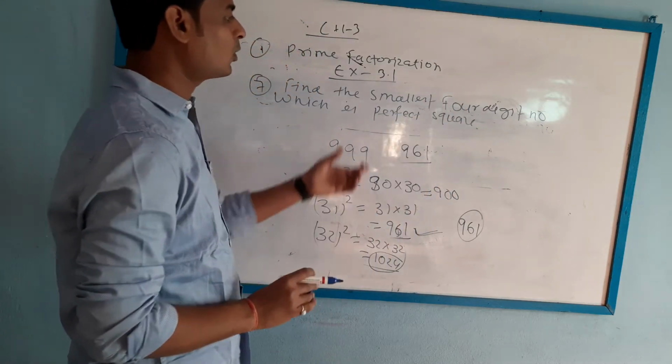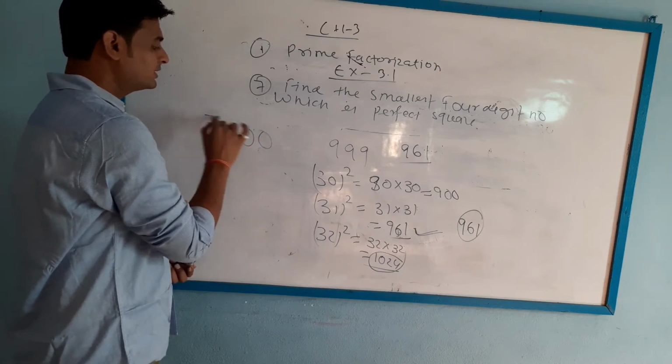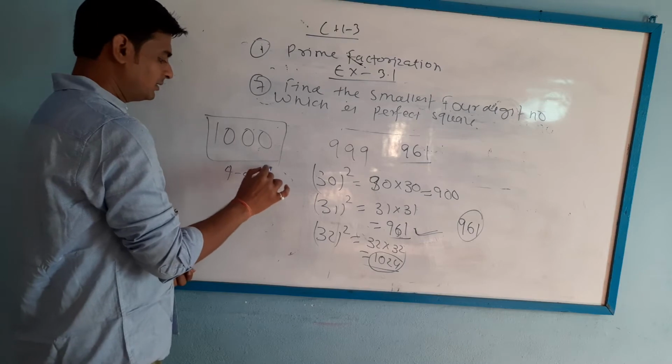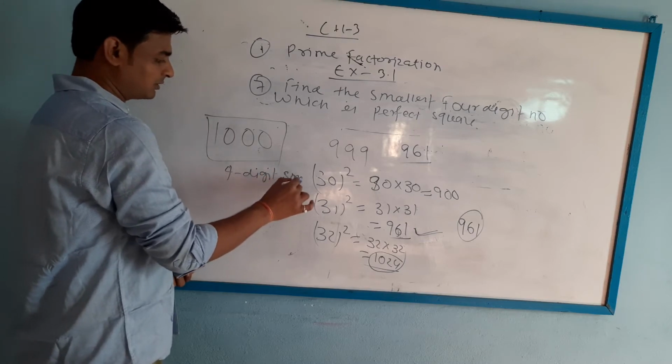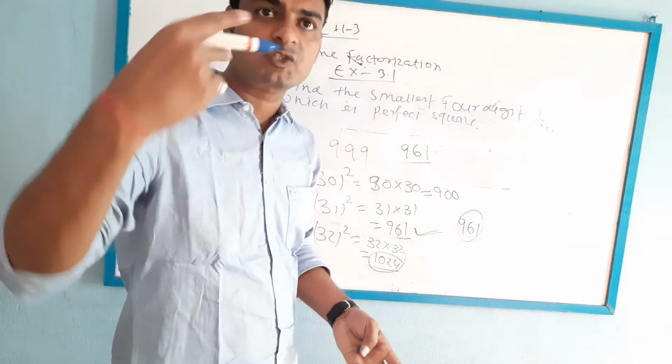So here the smallest 4-digit number is 1000. This is the smallest 4-digit number, and we have to make it a perfect square.